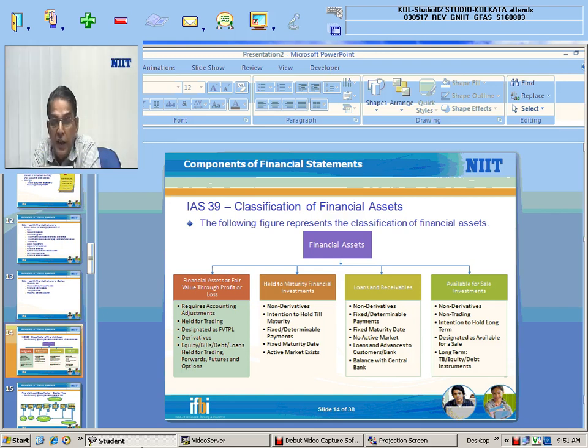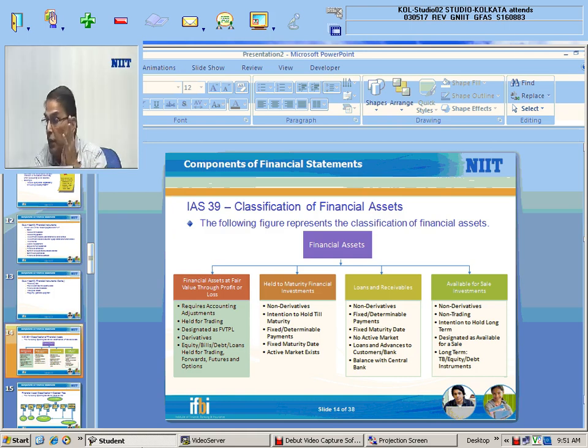First is financial assets at fair value through profit or loss, called FVTPL. Then held to maturity financial assets. Then the third category is loans and receivables. And the fourth category is available for sale instruments.